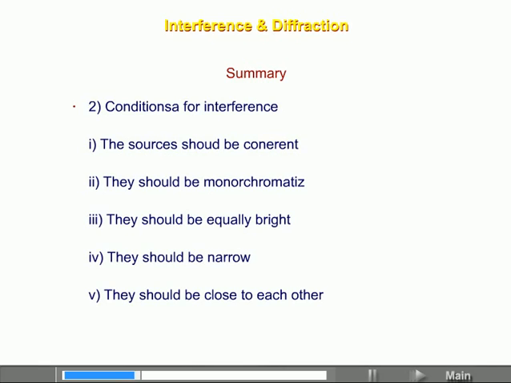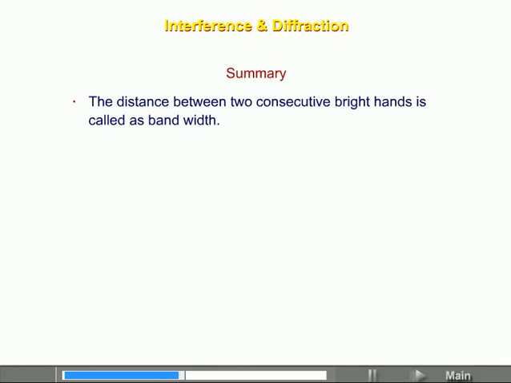The sources should be coherent. They should be monochromatic. They should be equally bright. They should be narrow. They should be close to each other. The distance between two consecutive bright bands is called as bandwidth. Wavelength lambda is equal to xd upon D.